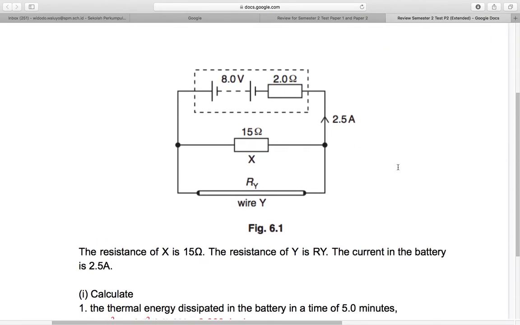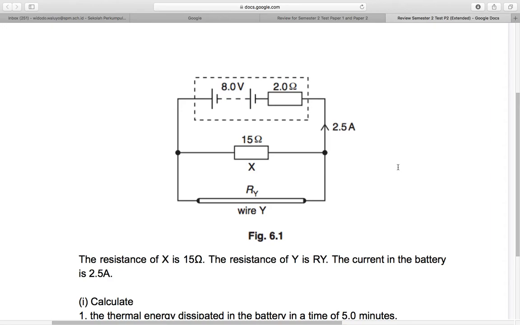This is the EMF, 8.0 volt with internal resistance 2.0 ohms, and this is 2.5 ampere here, in parallel with resistor X of 15 ohms. And here is wire Y, with resistance Ry.